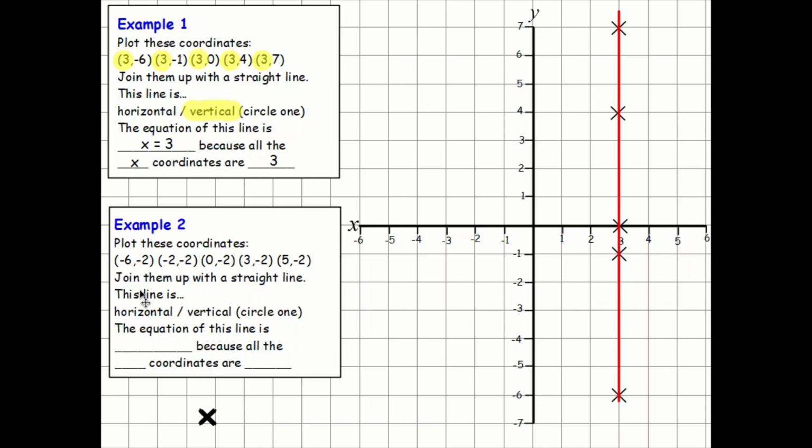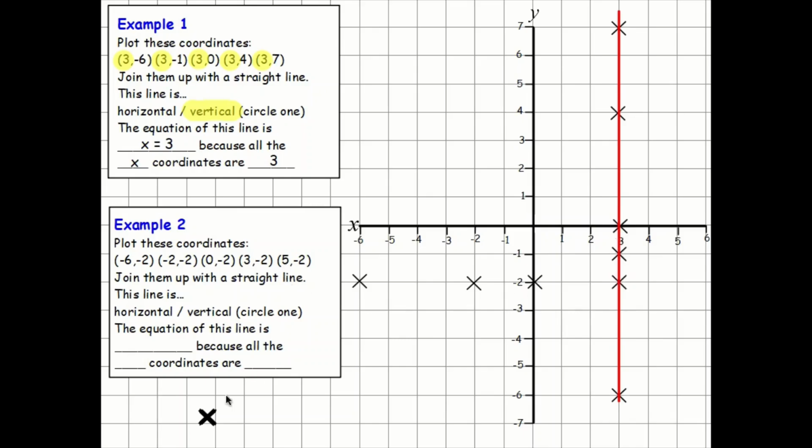Let's have a look at this one now. It says plot these coordinates: minus 6, minus 2. So start here, along the corridor to minus 6, down to minus 2. Along the corridor to minus 2, down to minus 2. Then 0, minus 2 is nowhere along the corridor and down the stairs to minus 2. 3, minus 2 is along the corridor to 3, down to minus 2.